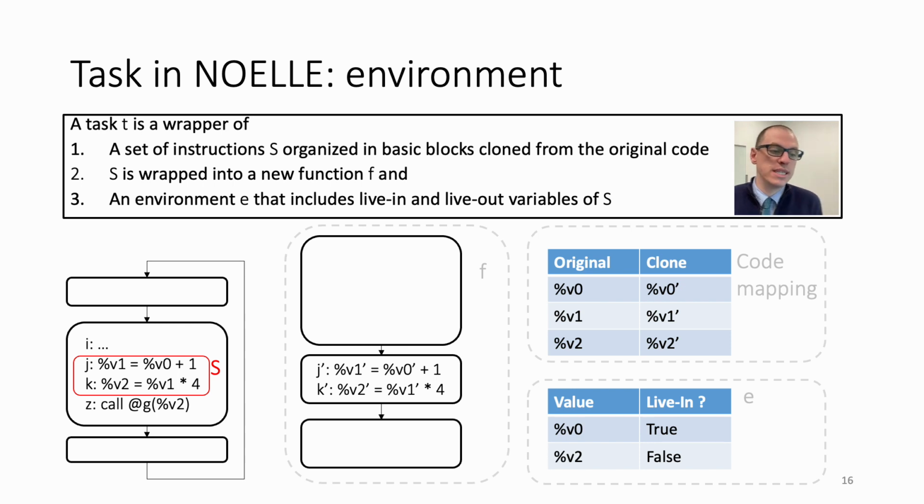So let's assume that we decide that we're going to have an array. The task environment is going to be an array with one entry per unique live in and live out variable. And let's assume that this array is an array of pointers.